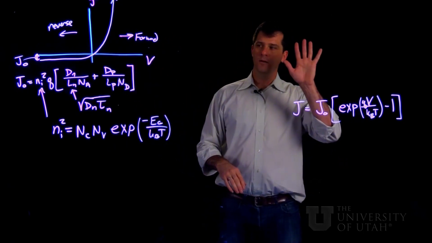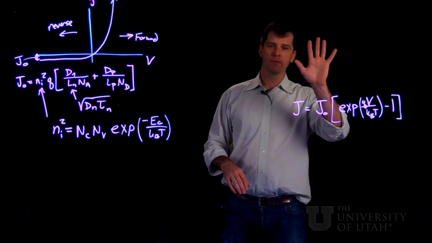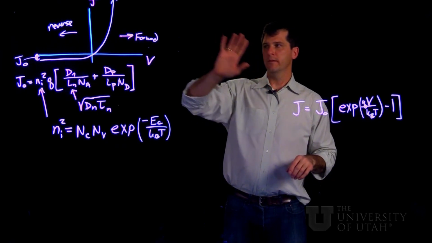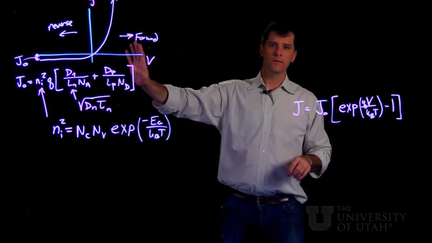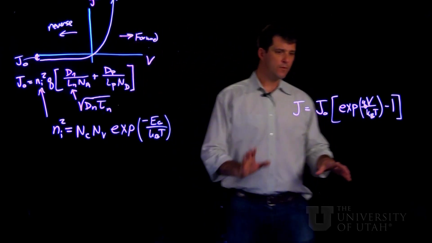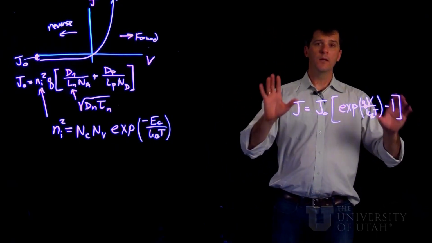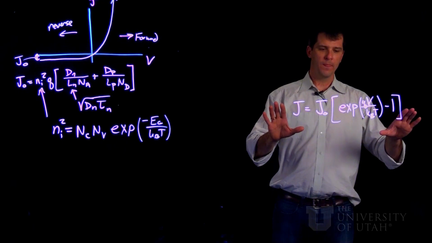They start on the majority carrier side, for example, the electrons on the n-type side, and then they get injected as minority carriers onto the p-type side. Through carrying out all of those considerations, we eventually arrive here at the ideal diode equation.